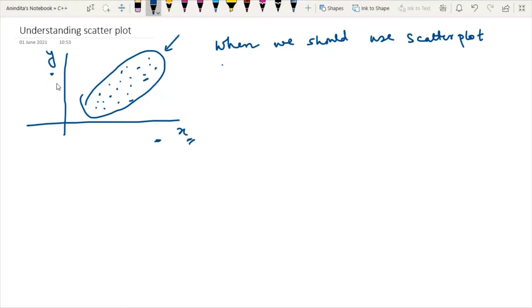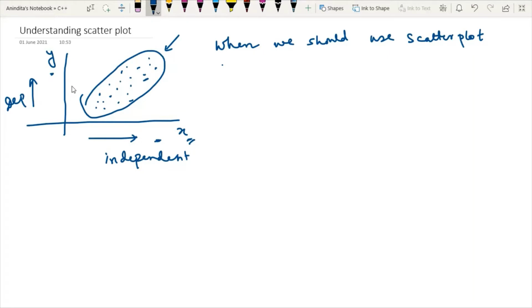In a nutshell, whatever variable we have in the horizontal direction is known as the independent variable, and whatever variable we have in the vertical direction is known as the dependent variable for the scatter plot.